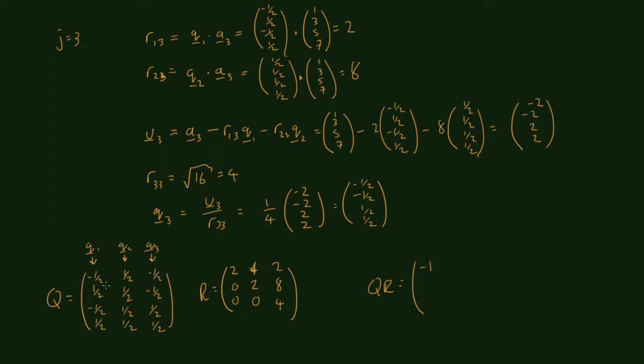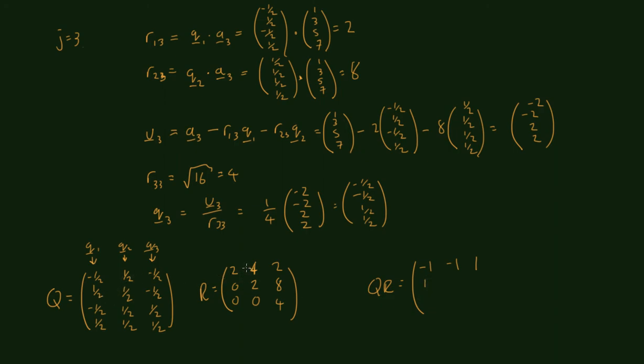So that's minus 1. So half times 2. Minus half times 4 is minus 2. And 1 is minus 1. Okay. And a half times 2 plus a half times 8 minus a half times 4, that gives us 1. Okay, so all I'm doing here is just multiplying everything just to double check we got it correct.